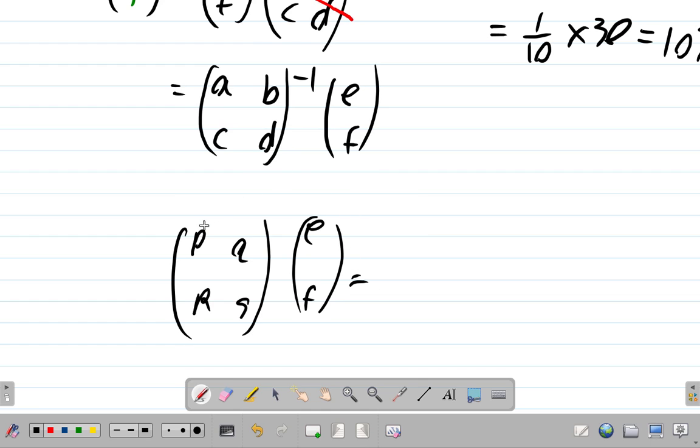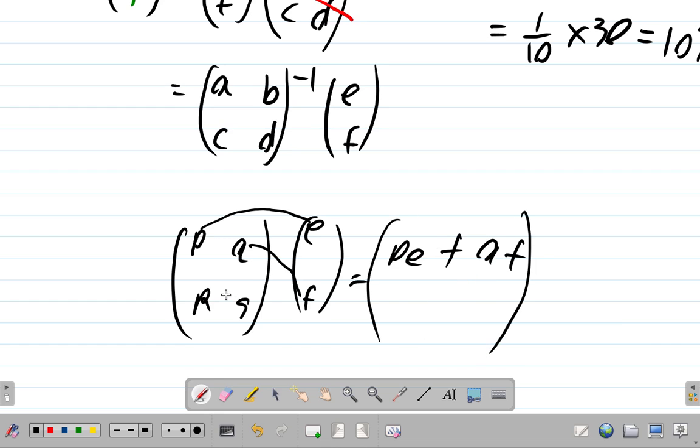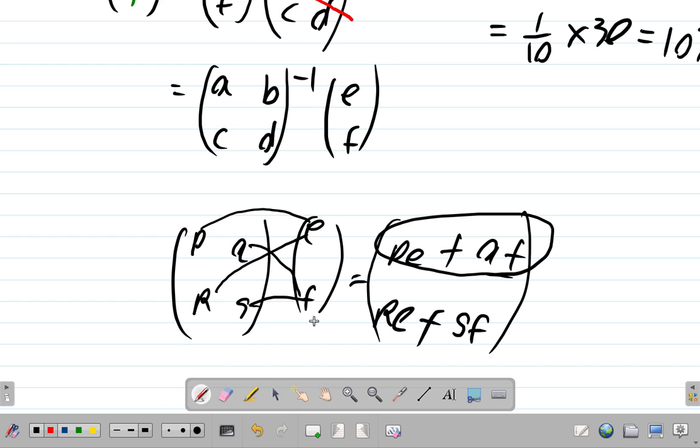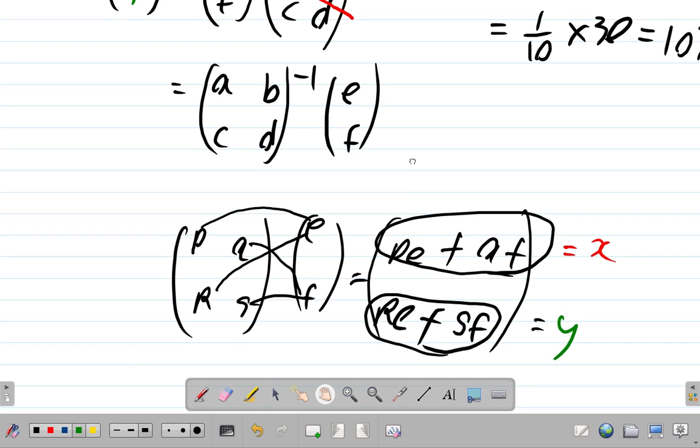What you would get is P times E plus Q times F. It's another matrix. Then you would get R times E plus S times F. That is what you would have. And this will be equal to X, while this down here will be equal to Y.